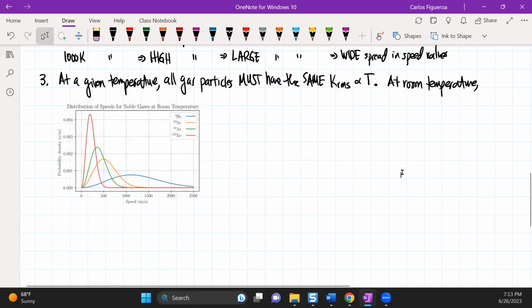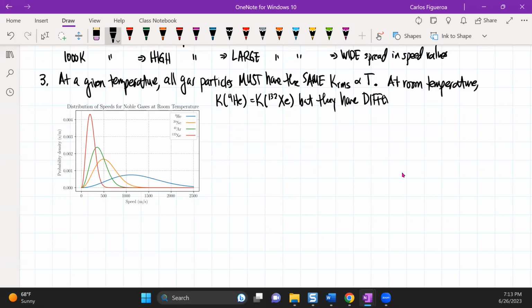At room temperature, the microkinetic energy of helium must be the same as the kinetic energy of xenon. But they have different RMS speeds. They have the same kinetic energy, but they have different speeds.